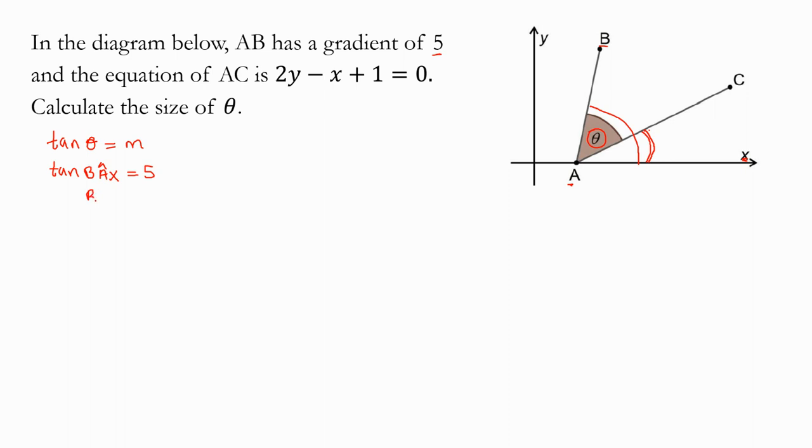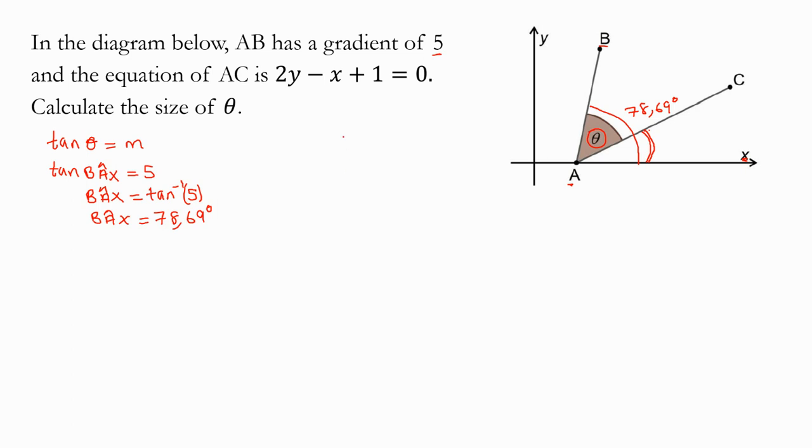We say arctan, the inverse of tangent. So angle BAX is arctan 5, which is 78.69 degrees. So this big angle is 78.69 degrees.